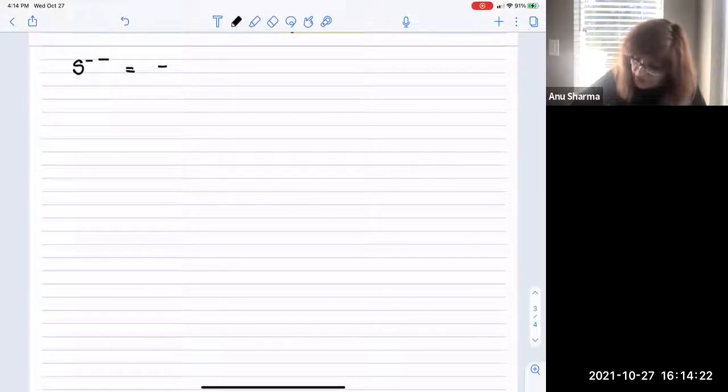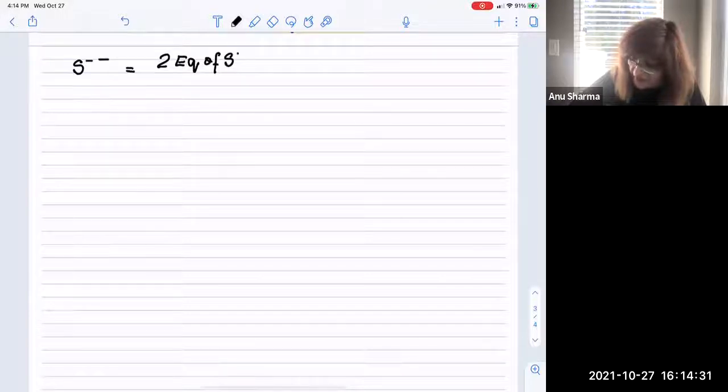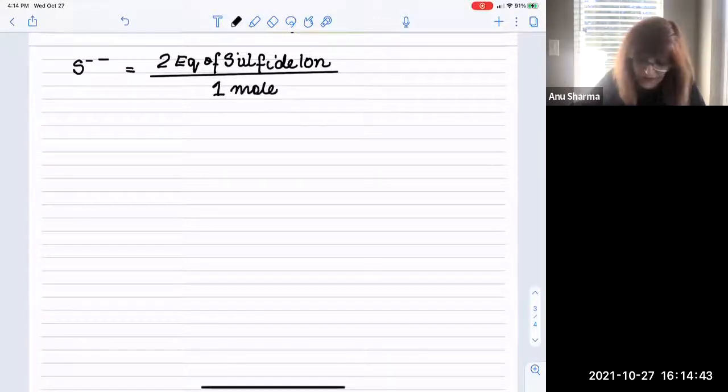So it would be 2 equivalents of sulfide ions present in 1 mole of sulfide ions.